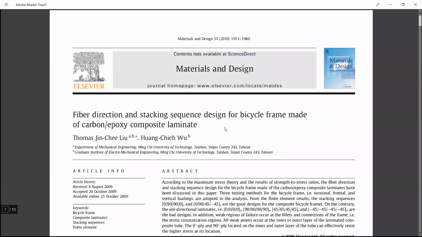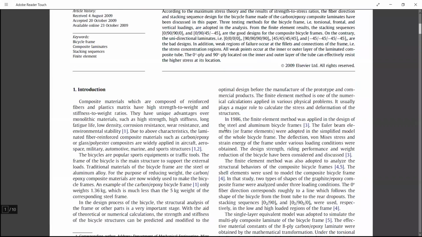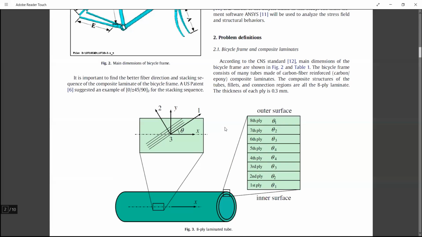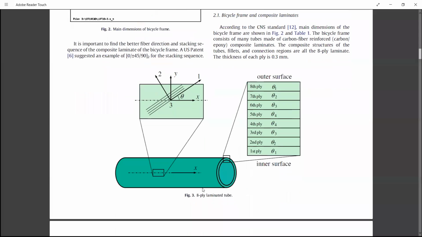So this is just to give you an idea of what we will be doing at a later stage. Maybe after 2 weeks of classes, we will be analyzing some of the laminates. This is a laminate. It's not necessary that it has to be flat to call it a laminate.